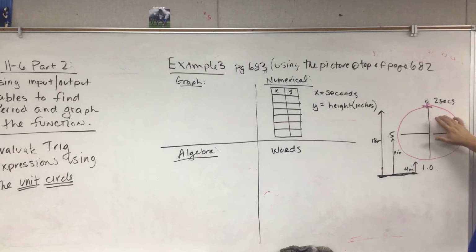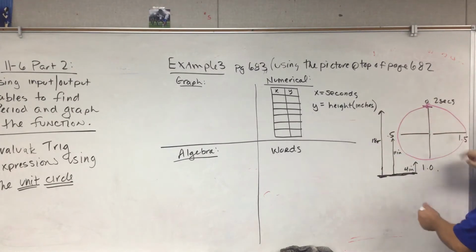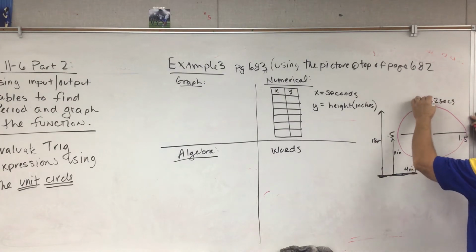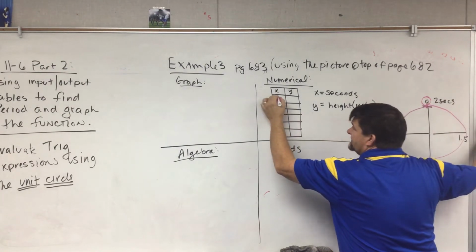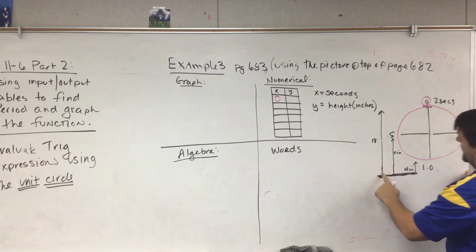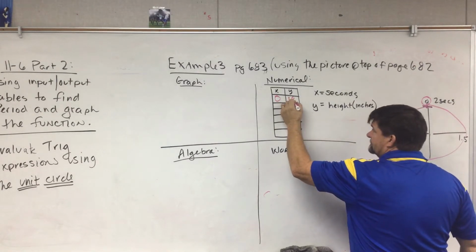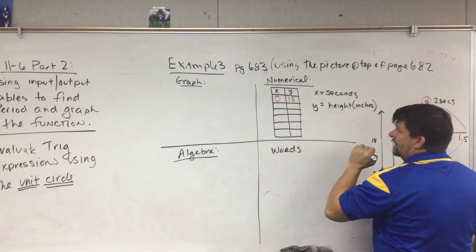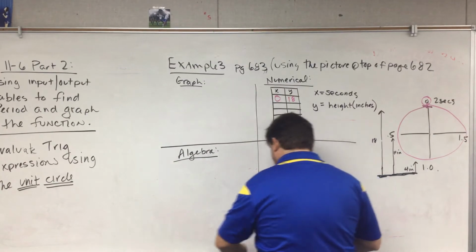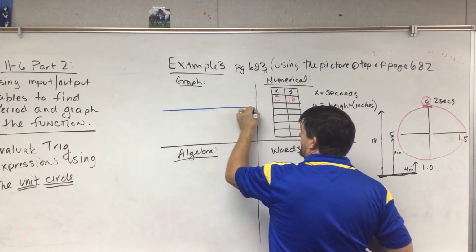So let's look at this. x is seconds, all right? So at 0 seconds, my pedal, this is supposed to be inches, my pedal was 18 inches off the ground. And then I'm going to go ahead and graph this.